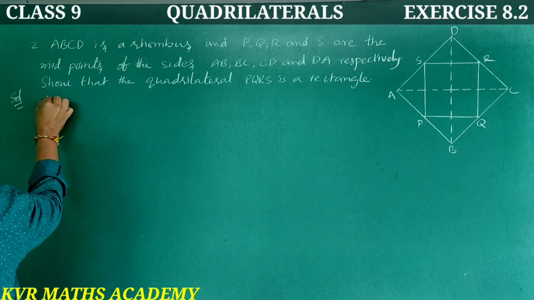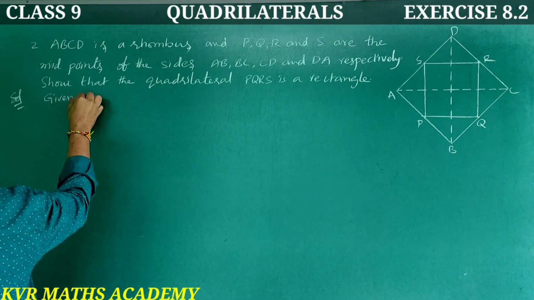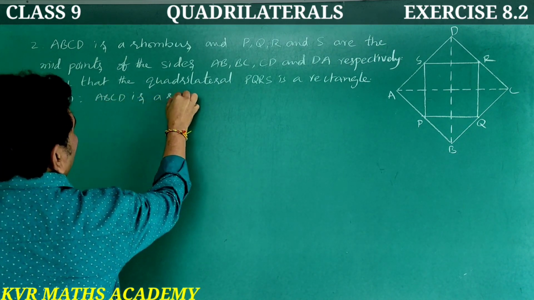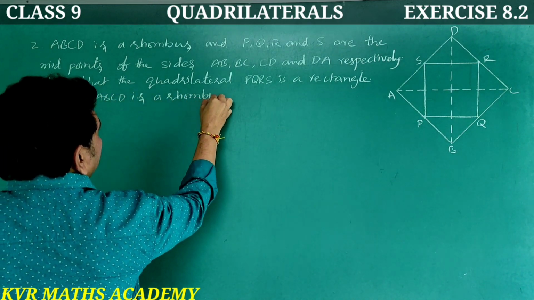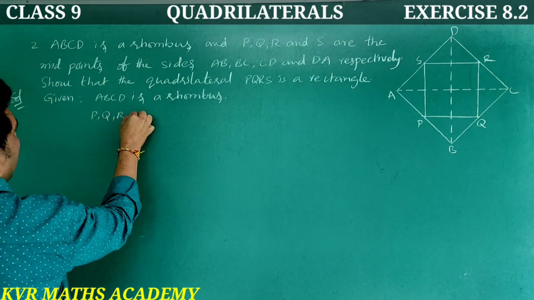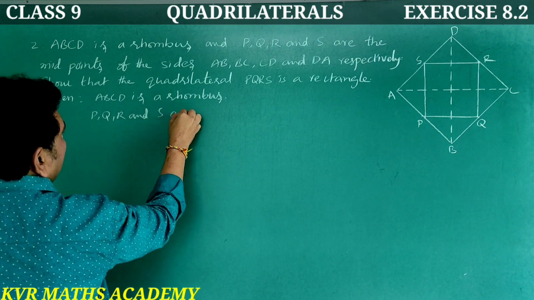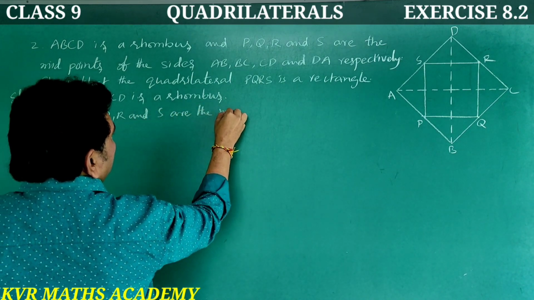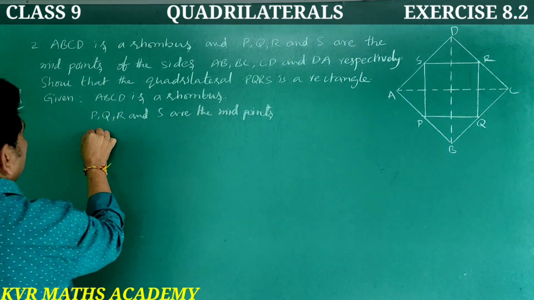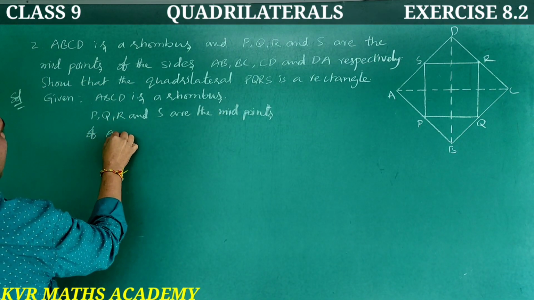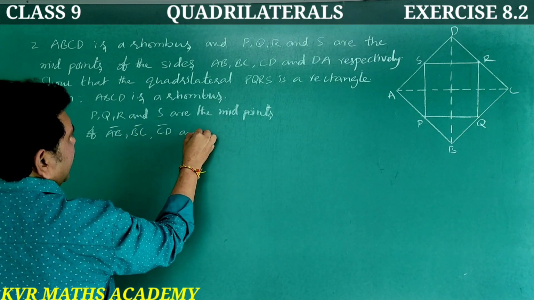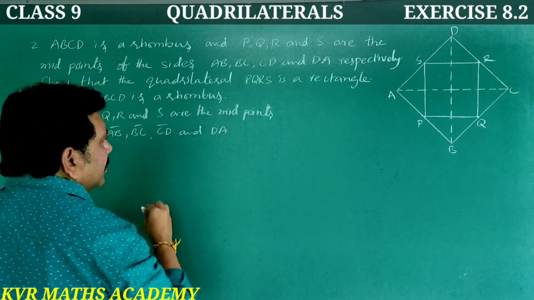Solution. Given: ABCD is a rhombus. P, Q, R and S are the midpoints of AB, BC, CD and DA.